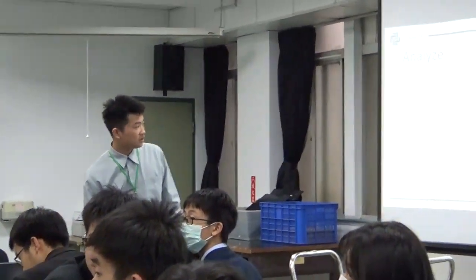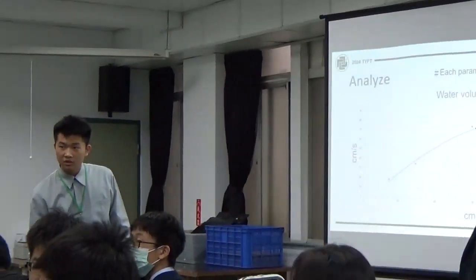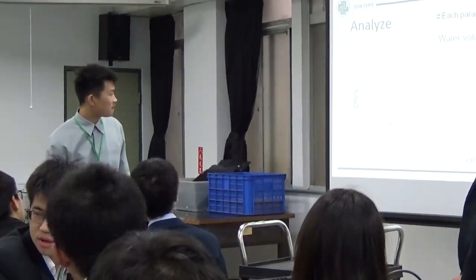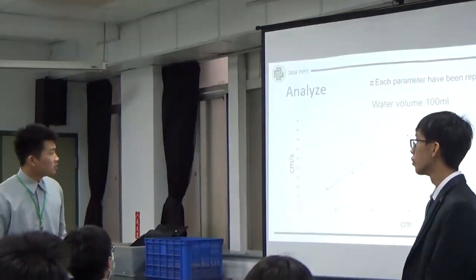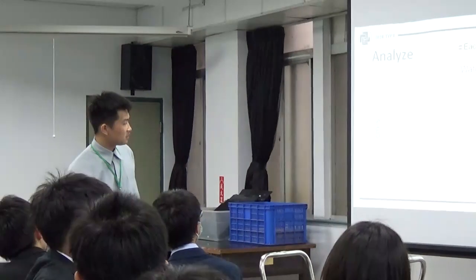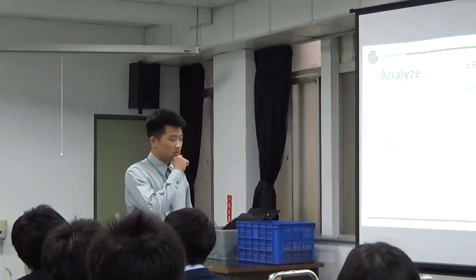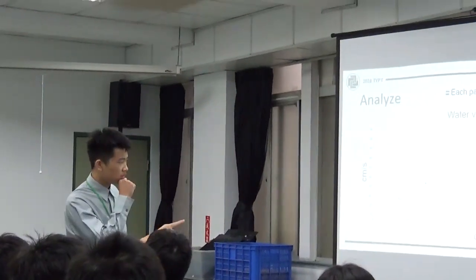So I would like to ask why this launch velocity has a saturation behavior. I would like to ask your opinion on why there is a saturation behavior, and also the reviewer and the opponent.